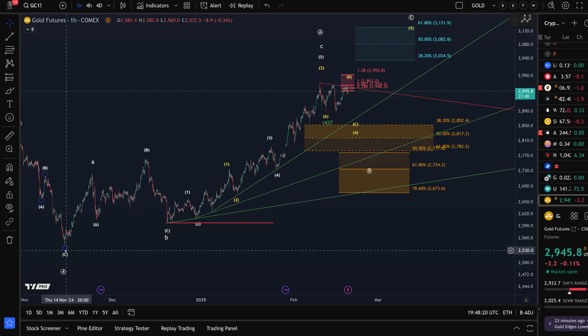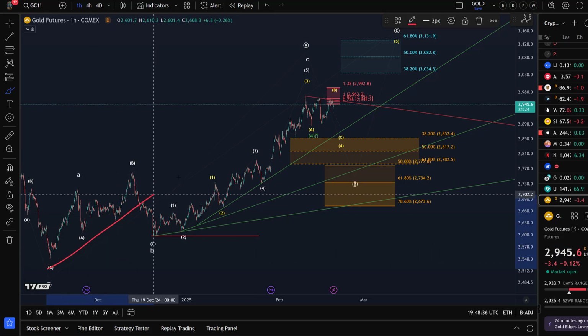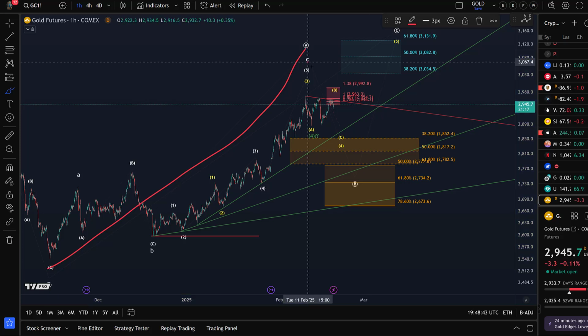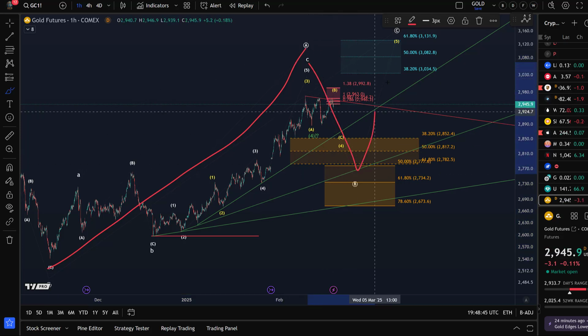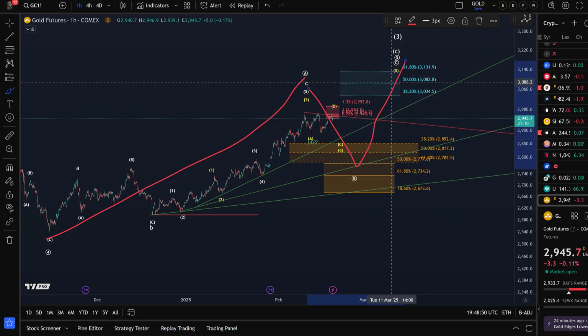In both really, a larger fourth wave bottomed in November, and then we've got the white scenario, in which we are tracking an ABC structure to the upside, and the ABC structure is still unfolding because only the A wave topped here recently around the 11th of February. The B wave could be unfolding now, and then we could get a C wave up. Okay, so again, this might turn into quite a substantial C wave then.